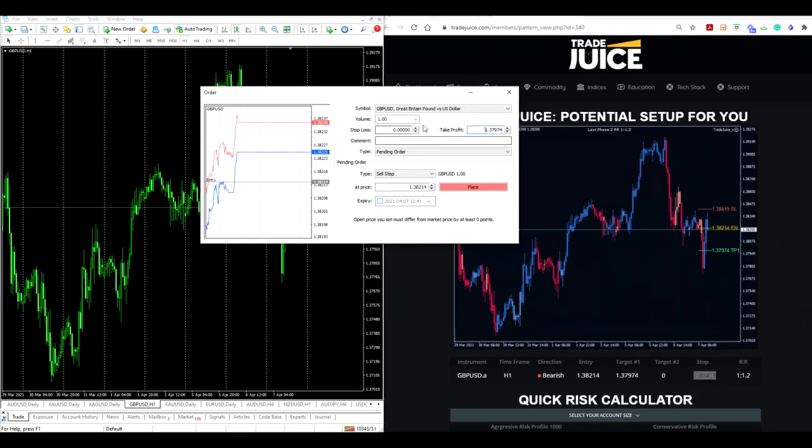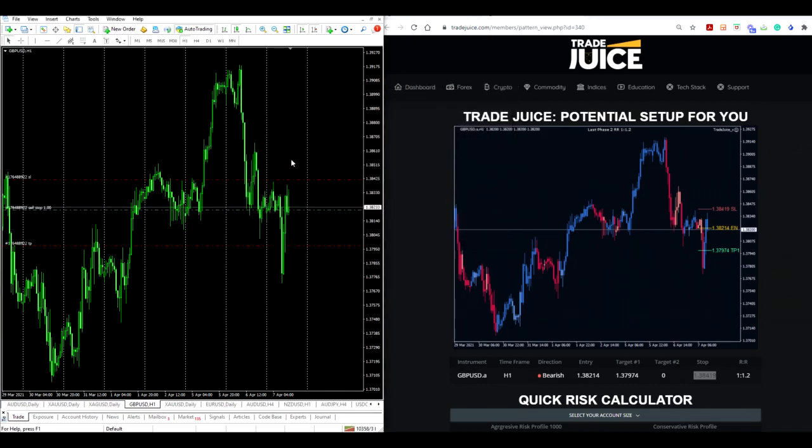So we just need to copy the entry price. After that, we are just going to copy the target price. Copying it to take profit, and finally the stop loss.